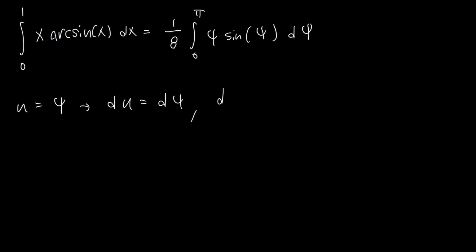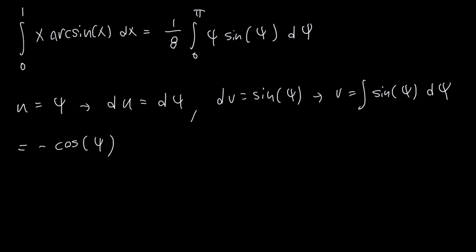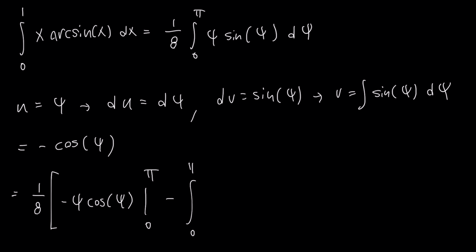We can let dv equal the sine of psi, which means that v equals the integral of sine of psi d psi, which is negative cosine psi. So this is equal to 1/8 brackets uv, so negative psi cosine psi from 0 to pi, minus the integral from 0 to pi of v, and du is d psi.